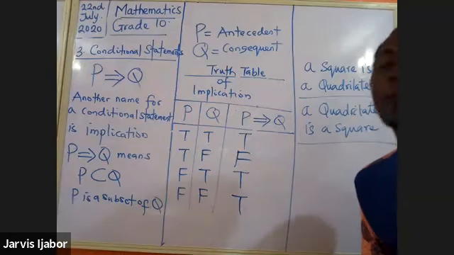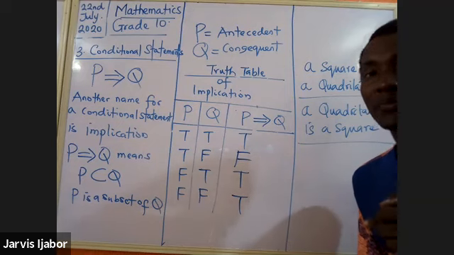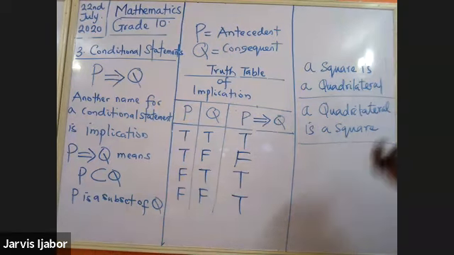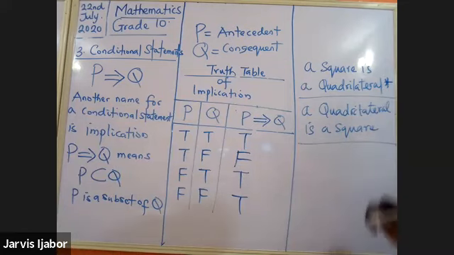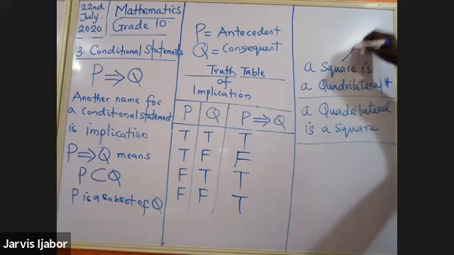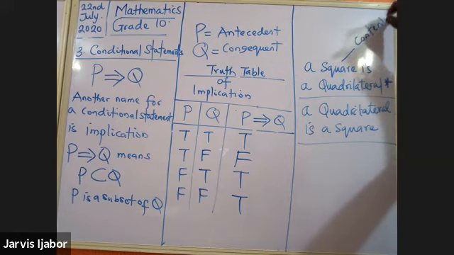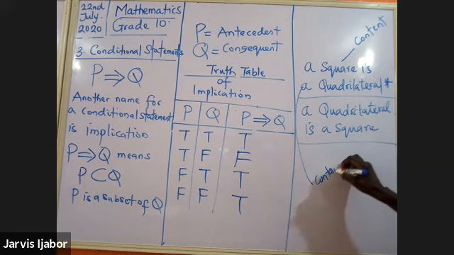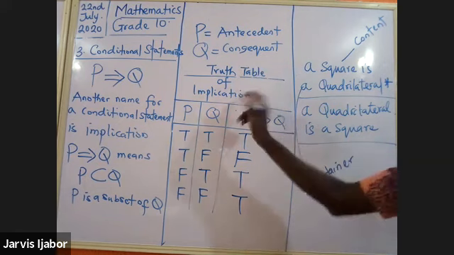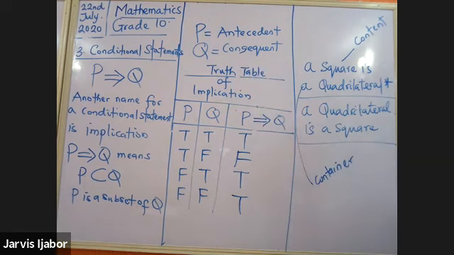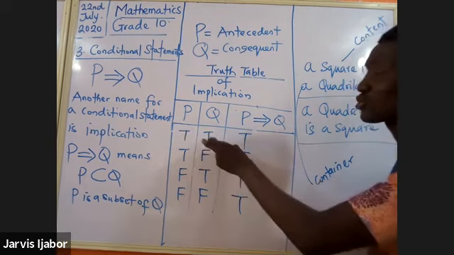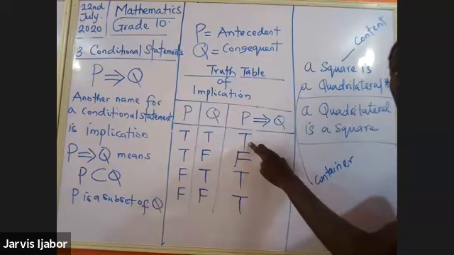A natural number is a real number, but a real number is not a natural number, which means that this is the container and this is the content. That's the concept of implication. So if this is true and this is true, this must be true.